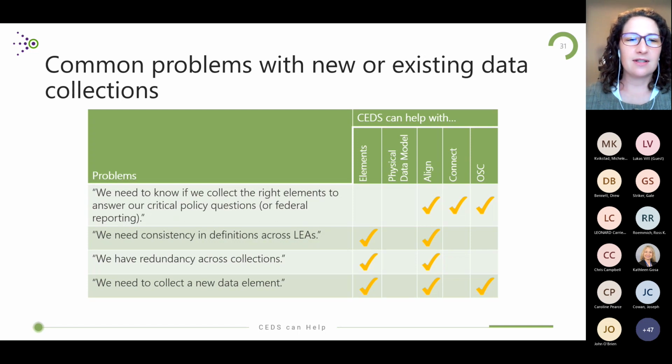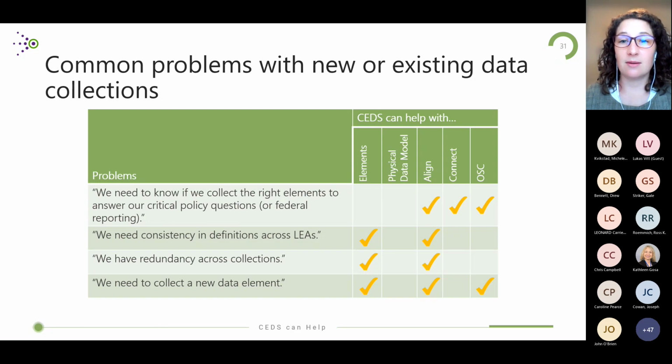So I think on the simplest, or maybe the entry place for a lot of people into CEDS and thinking about how it could help solve new or existing data problems is leveraging the elements tool, right? So consistency in definitions, whether you're a local education agency, an organization that's providing educational services to a school or to a district, whether you're a state organization, a P20 organization, or a higher ed education agency.